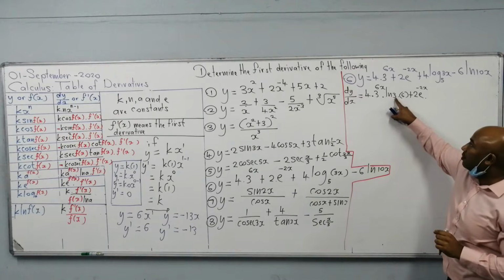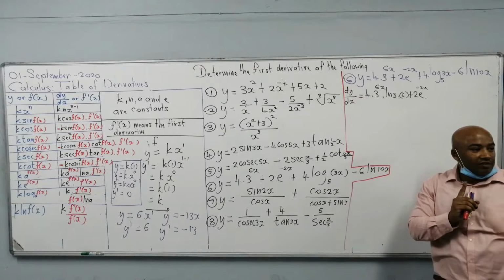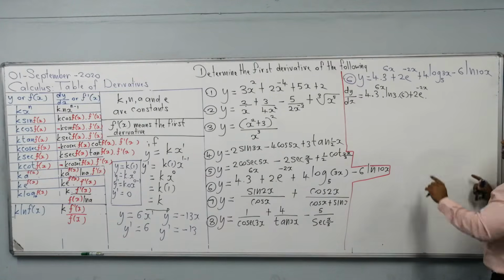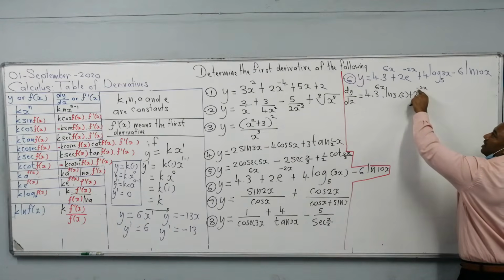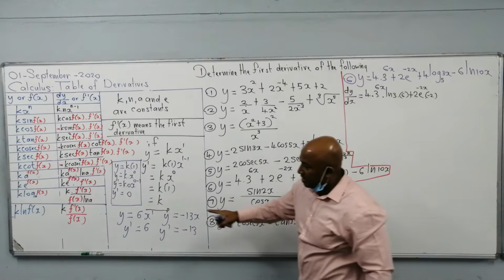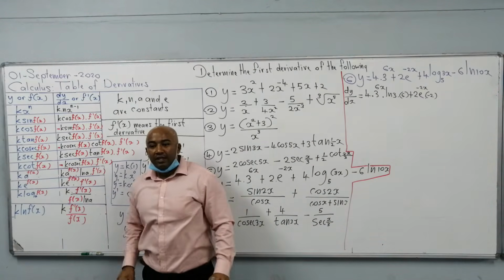Like here I put ln of the base. Here your base is e because ln of e is the same as log of 10, which is 1. So that's why it's unnecessary to put down ln e. You go straight for f prime x, the derivative of minus 2x is minus 2, as you can see. There's it, ke to the power f of x times f prime x.